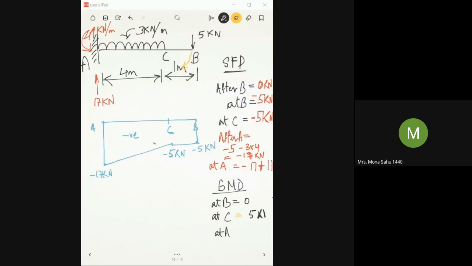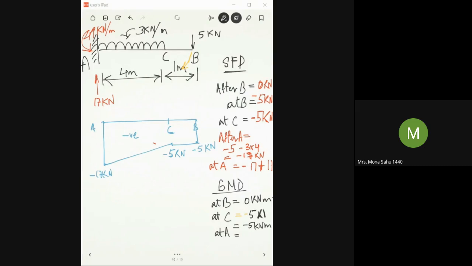So it is clockwise, and clockwise we are taking as minus. So the answer is minus 5 kilonewton meter. This is also 0 kilonewton meter.